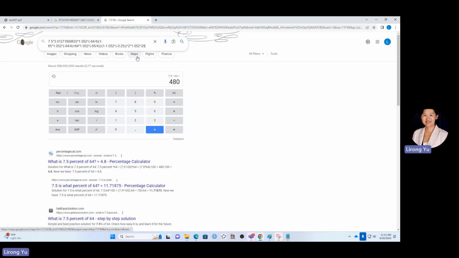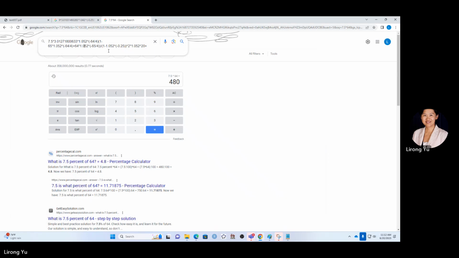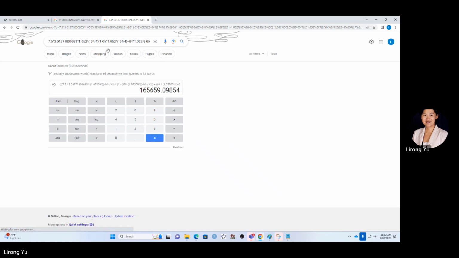Plus the future value 2 is this. And then we're going to add 96000. That's what I have. Did I forget to combine any?